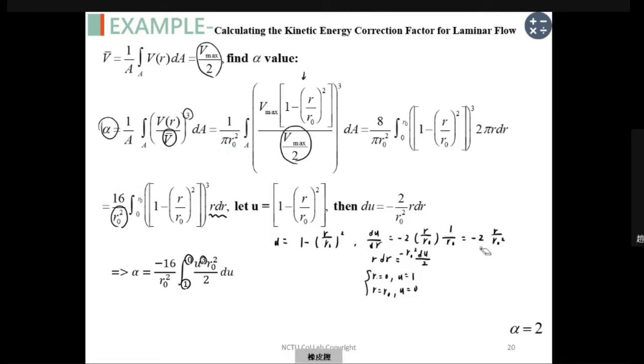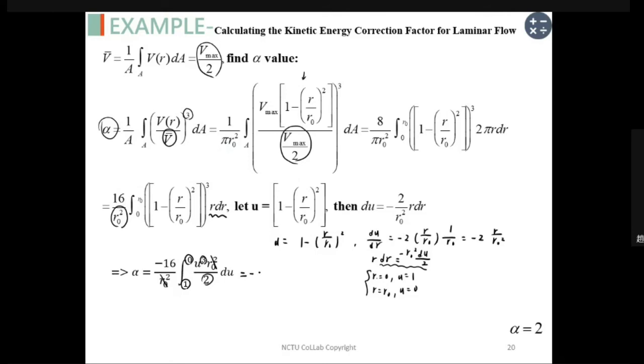We have u cubed, and we replace r dr by the relation showing here: minus r0 squared divided by 2, times du.